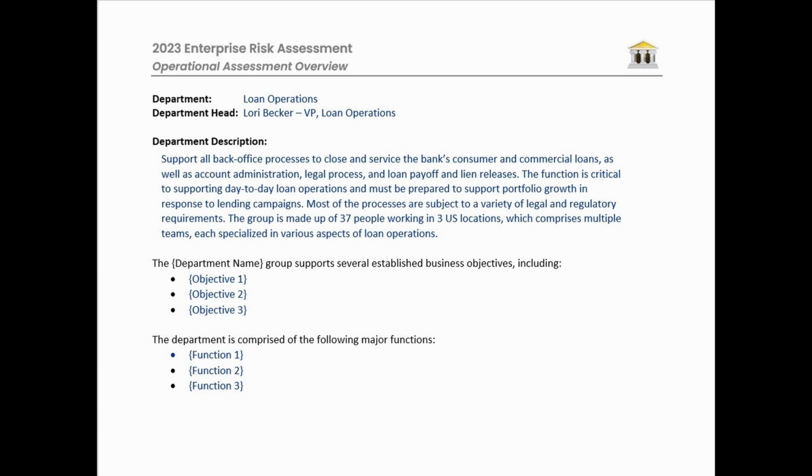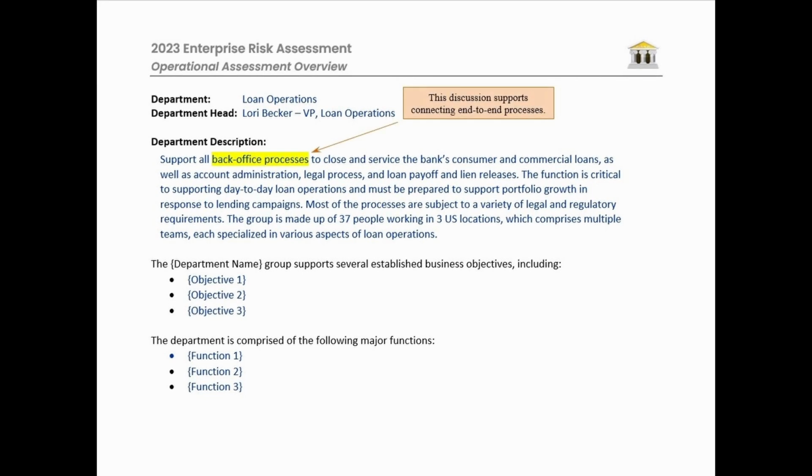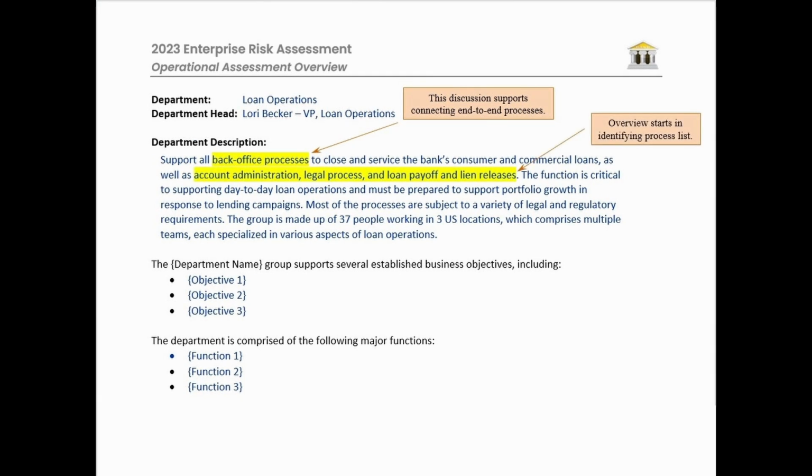Okay, this is a good sort of working understanding or elevator pitch of what this group does. But there's a couple specific things that are important here. I mean, one, it starts to support connecting end-to-end processes by understanding this is a back office process. Clearly, it connects to a larger process. Within this overview, we're starting to build out our functional and even process list as we start talking about the different pieces of what happens within this area.